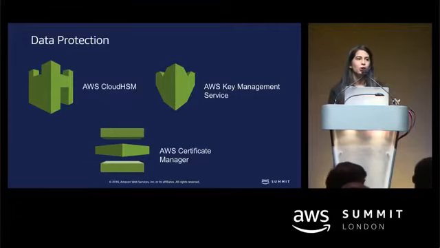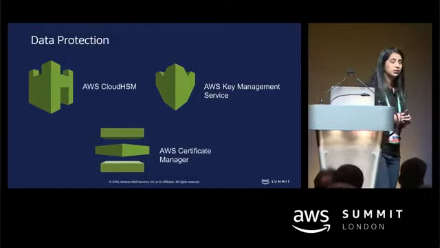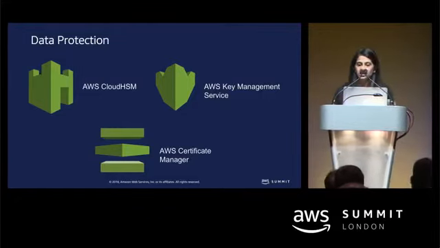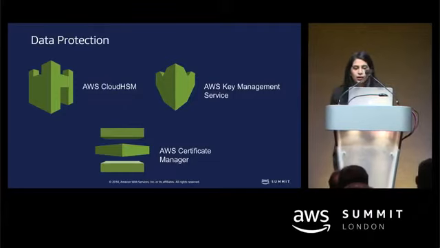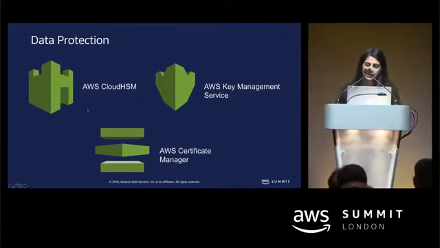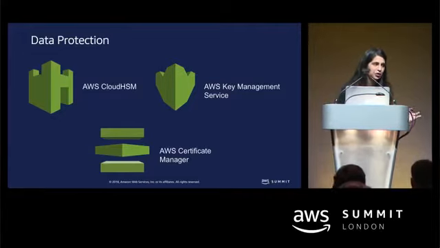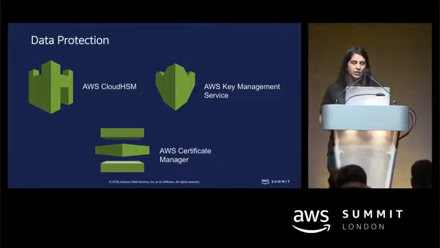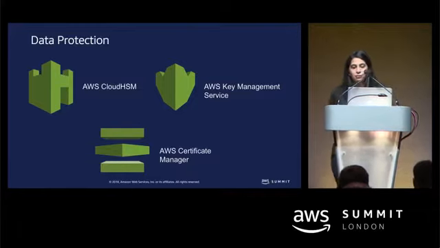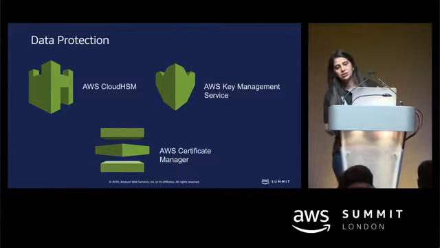It will renew the public and private certificates, which is what it does. So if that wasn't super clear, Certificate Manager allows you to easily provision and manage both public and private SSL/TLS certificates for use with a lot of your AWS services.